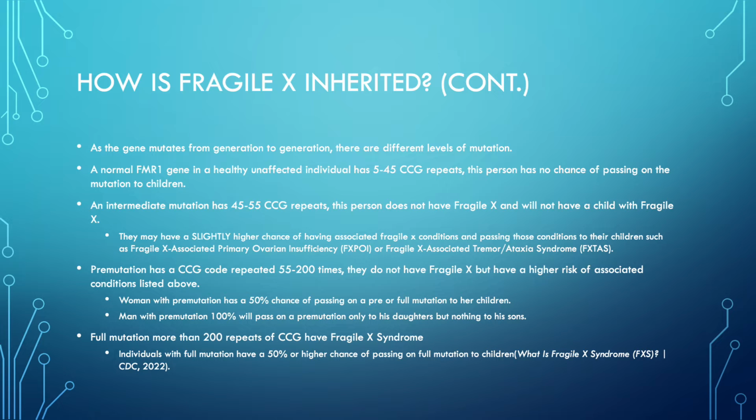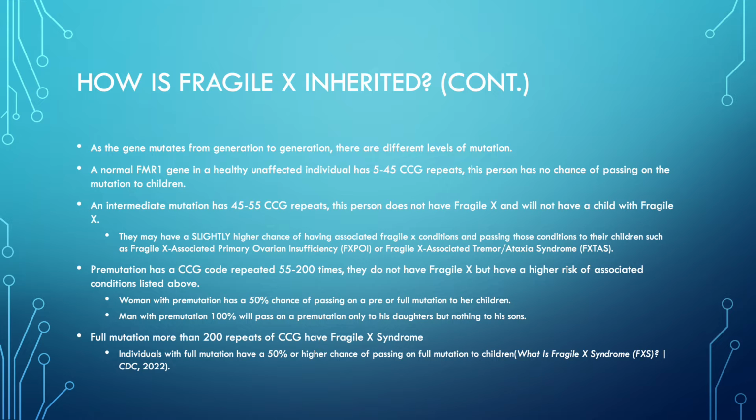This person does not have Fragile X and will not have a child with Fragile X. However, they may have a slightly higher chance of having associated Fragile X conditions and passing those conditions to their children. These conditions are Fragile X associated primary ovarian insufficiency or Fragile X associated tremor ataxia syndrome.